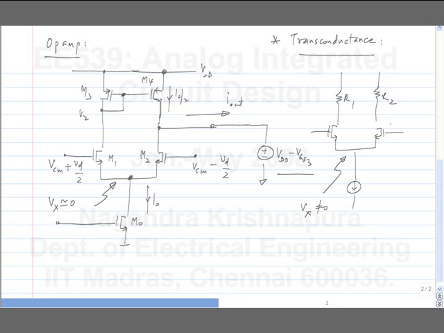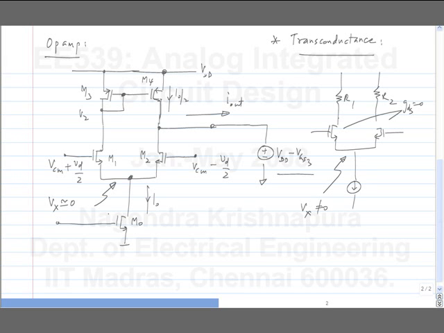Now there is one condition under which Vx is 0. That is, if these two transistors have 0 output conductance. If both M1 and M2 have 0 output conductance, then Vx is approximately 0. So this is a bit of hair splitting, but I think especially the first time you are looking at the circuit, you should go through it rigorously, understand all the approximations under which certain things hold true. After that, you can probably bypass some of those things.